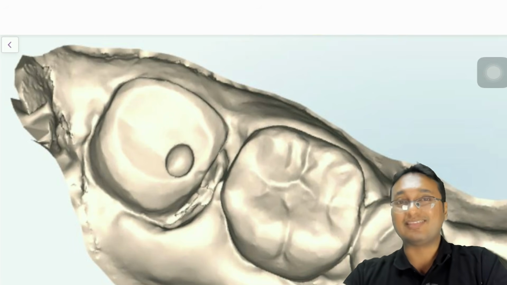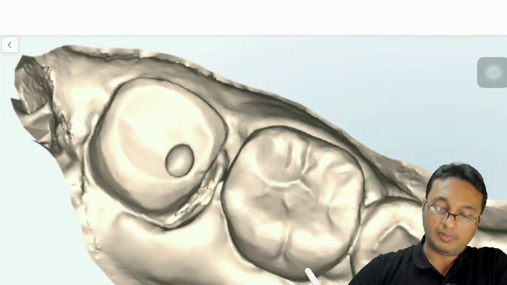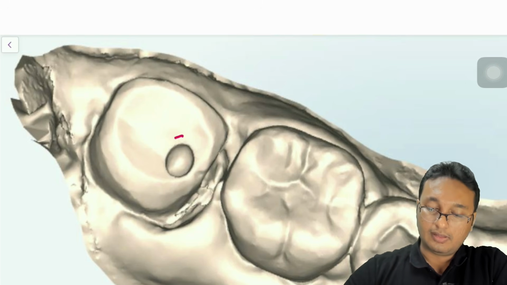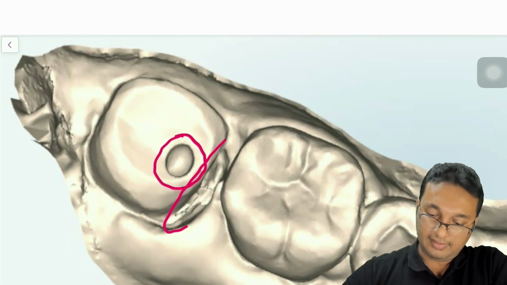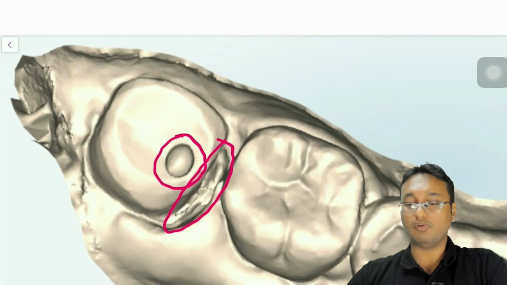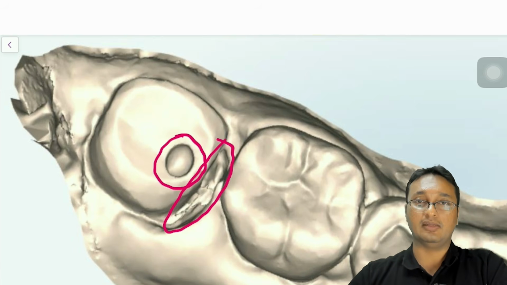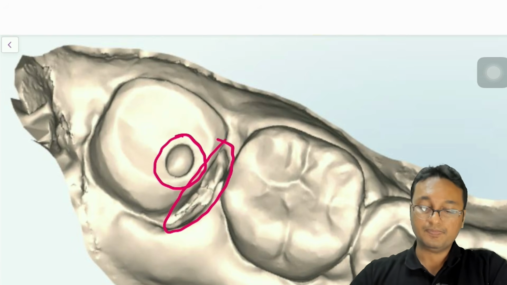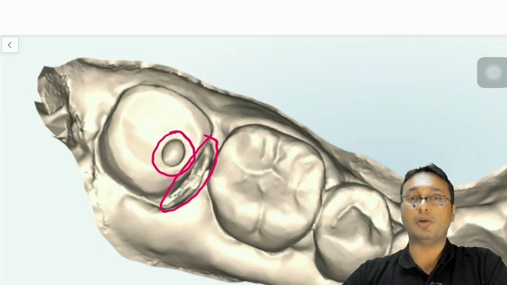So because of excessive saliva and sometimes bleeding also, as you can see in this particular case, this is the saliva droplet, this is the bleeding, which was not properly captured by my scanner. I used an iTero scanner. Okay, so this is what the problem was.